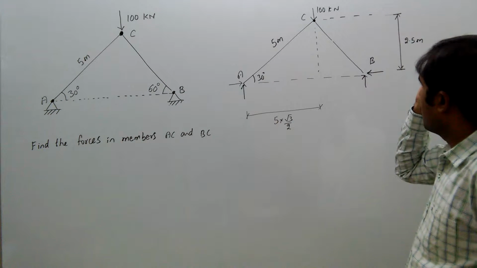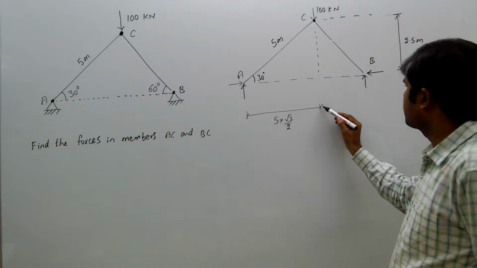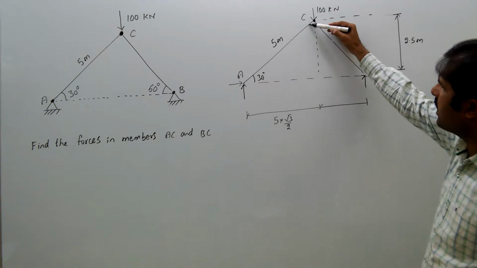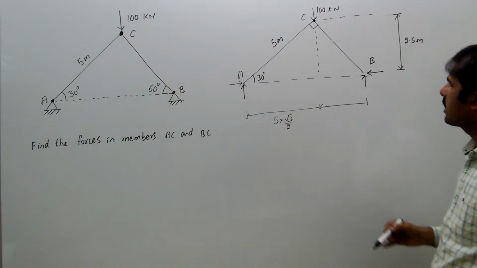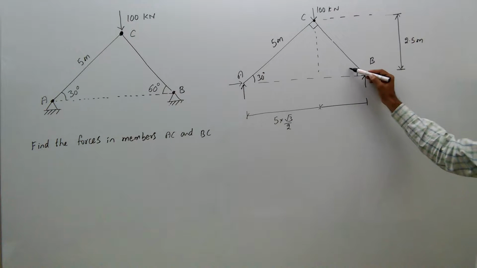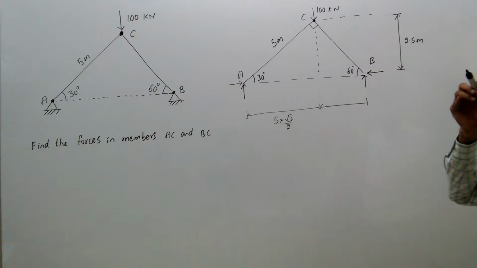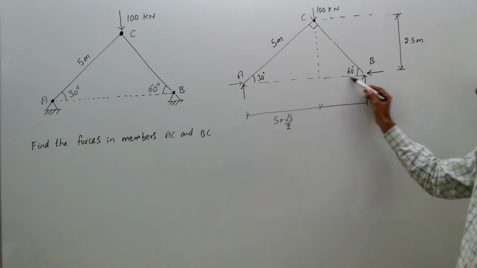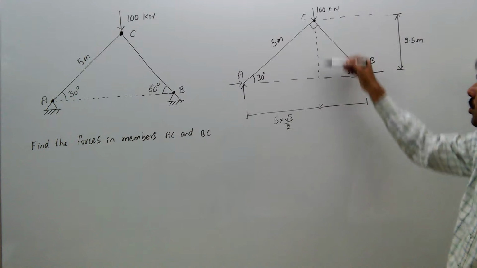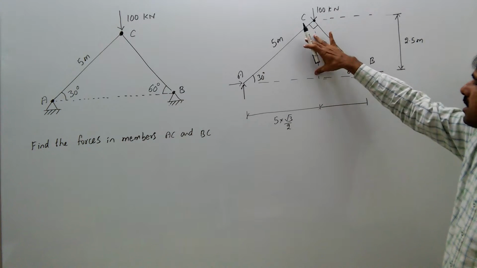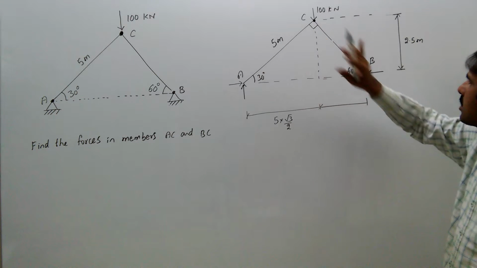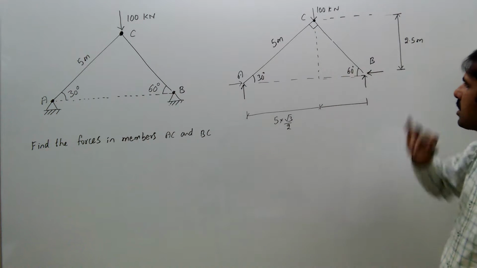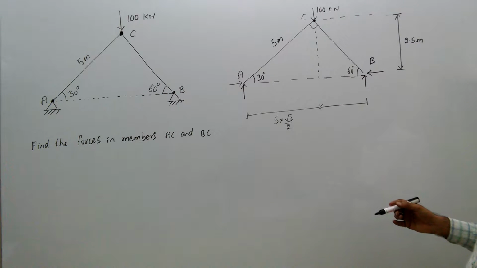Okay. And what about this? See here, this is 90 degrees actually. This is 60 degrees. We need this distance also. We know this height is 2.5, so opposite side is 2.5 from this triangle. This is 60 degrees. Adjacent side we need. So adjacent side by opposite side is cot.